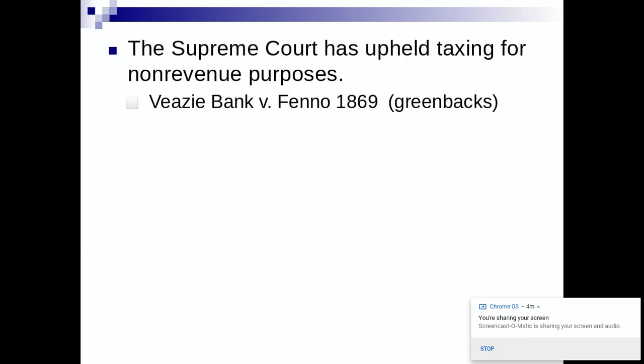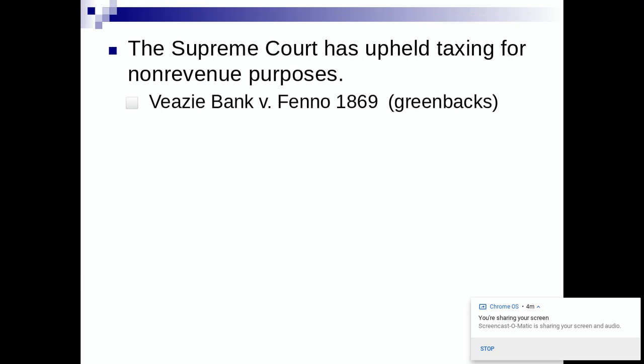All right, so the Supreme Court has upheld taxing for non-revenue purposes. So, for instance, Veazie Bank versus Fenno in 1869. Now, what the federal government was trying to do, you have private banks that were making their own money, basically, and you had different types of money in circulation.